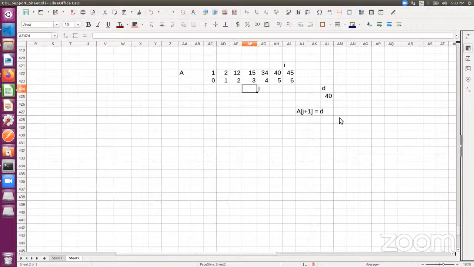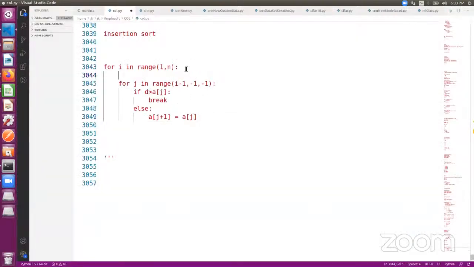This step, right? A of j plus 1 equal to d. So we haven't taken d at all, right? So d is equal to a of i. And then here a of j plus 1 is equal to d.